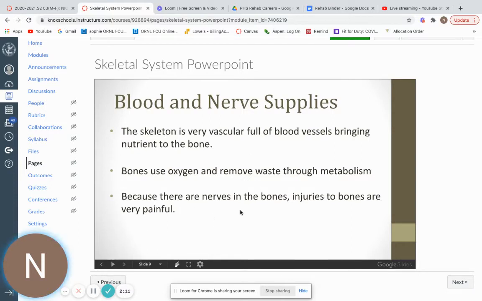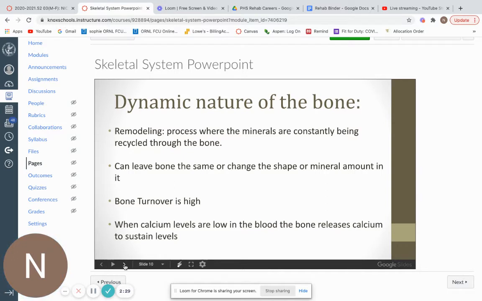So cartilage doesn't have nerves and blood vessels, but the skeleton, the bone tissue, actually has a ton of blood vessels and nerves. That's why if you break a bone, obviously it hurts and there's a lot of bleeding. Bones use oxygen and remove waste through metabolism, just like the rest of our body. So when we talk about the bone, one thing you're going to learn is you actually get a new skeleton every few years, and that's due to what we call remodeling.